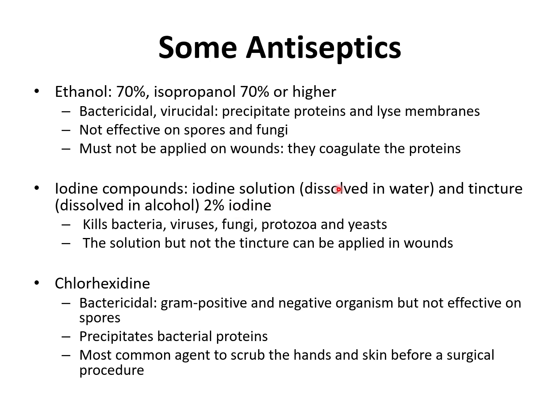It could be a solution and it could be dissolved in alcohol, a tincture. So it kills bacteria, fungi, or microorganisms. And the solution, not the one that contains alcohol, can be applied to wounds directly, in contrast to alcohol. Chlorhexidine is probably the most commonly used antiseptic in operating rooms, and it's used to scrub before operating. It is bactericidal, but again not effective on spores.